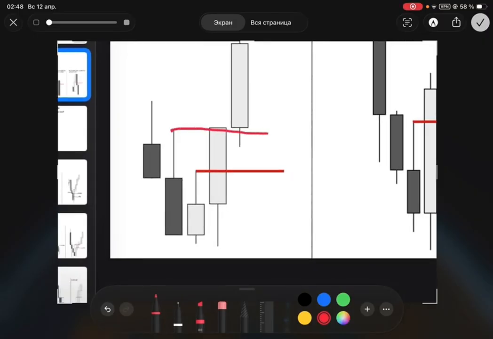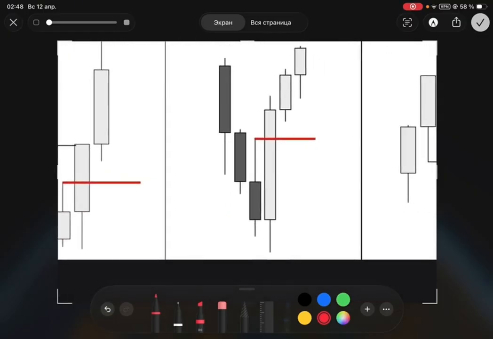This is not an order block. Here is our order block. If you want, you can enter a trade from this, or from this first order block.